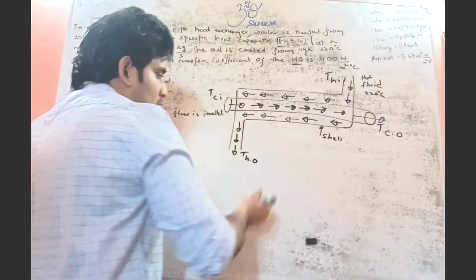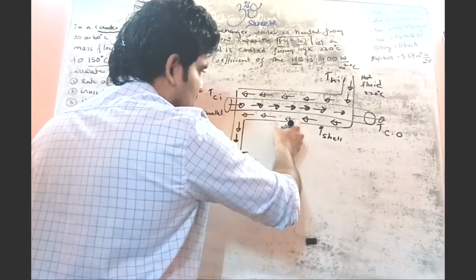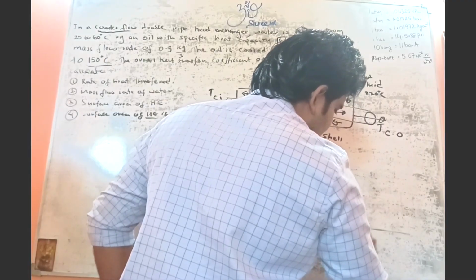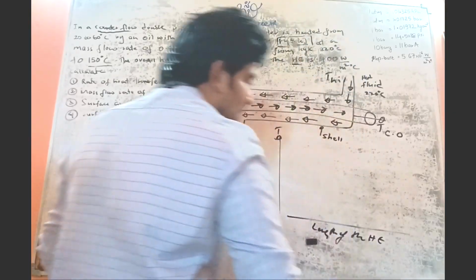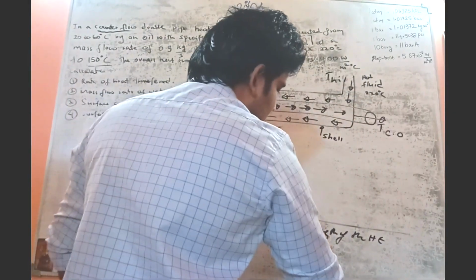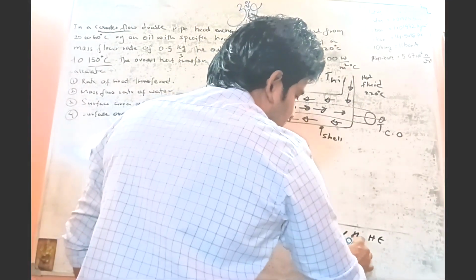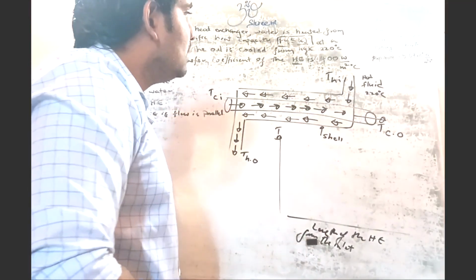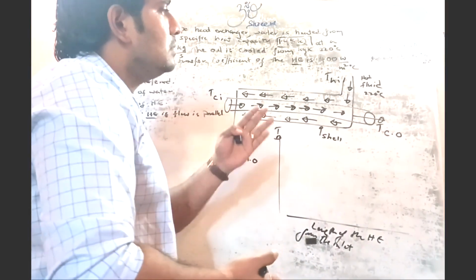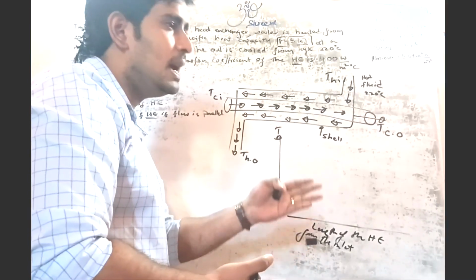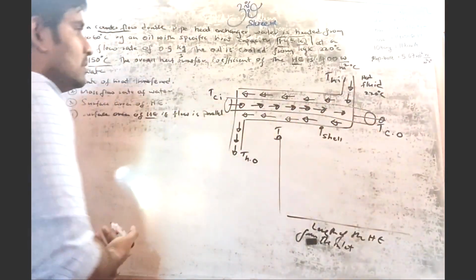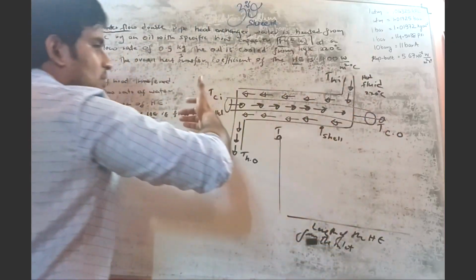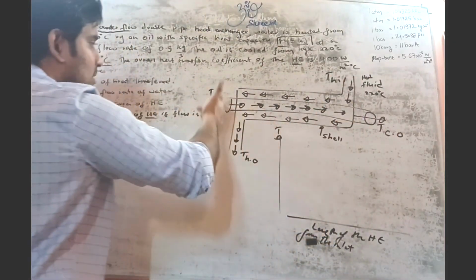Now this is the temperature T, and this is, let's say, the length of the heat exchanger from the inlet. Here you clearly observe that the inlets for the hot fluid and cold fluid are not on the same side: on the right side we have the inlet of the hot fluid, and on the left side we have the inlet for the cold fluid.